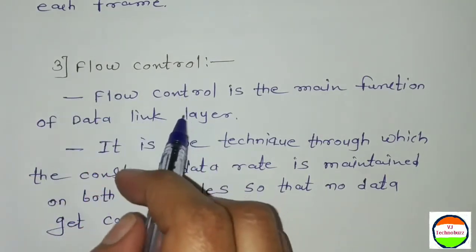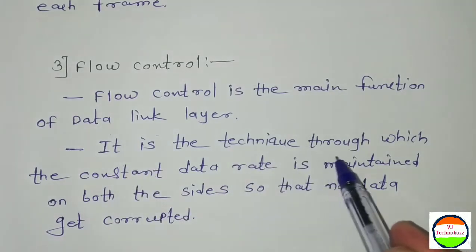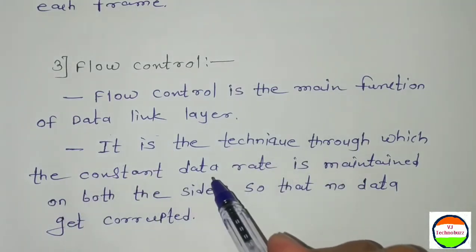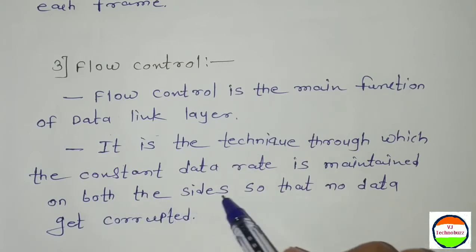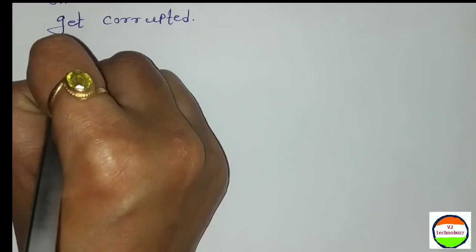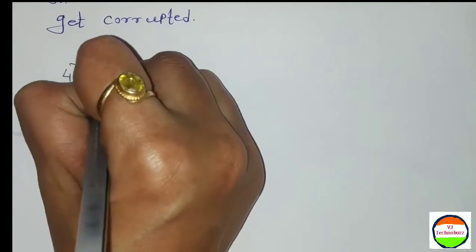Flow control is the main function of the data link layer. It is the technique through which the constant data rate is maintained on both the sides so that no data gets corrupted.